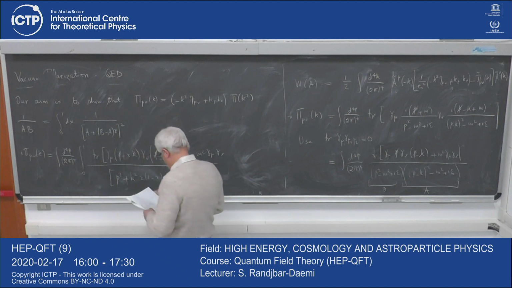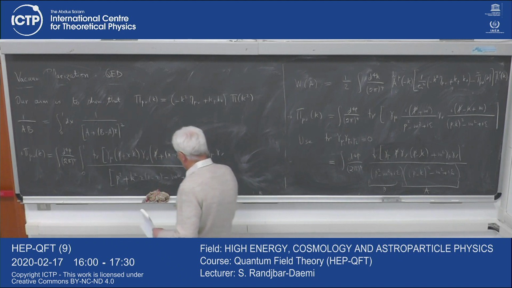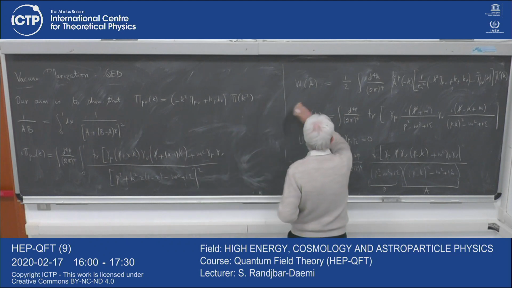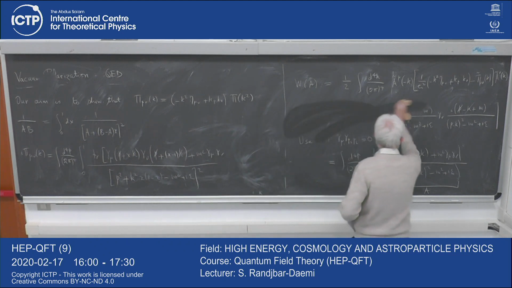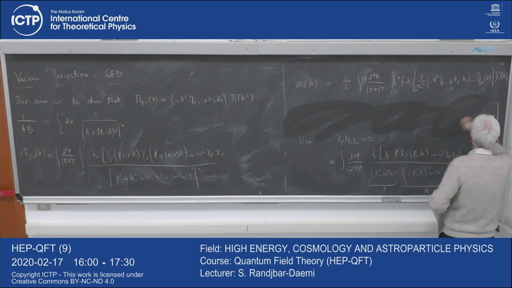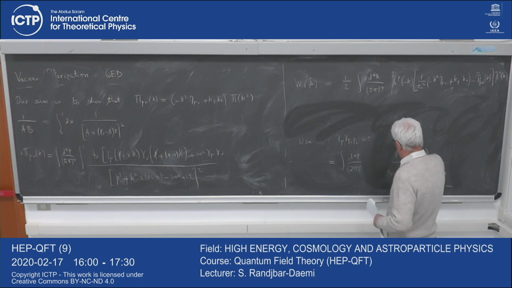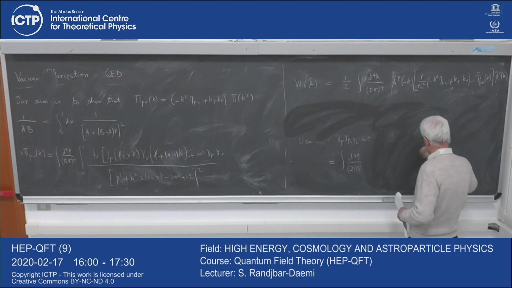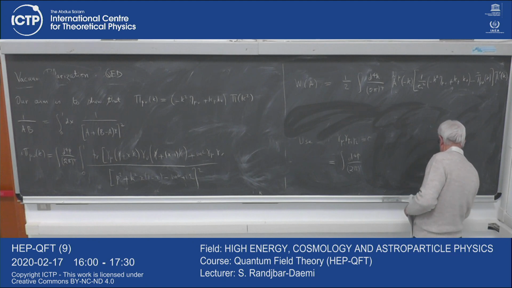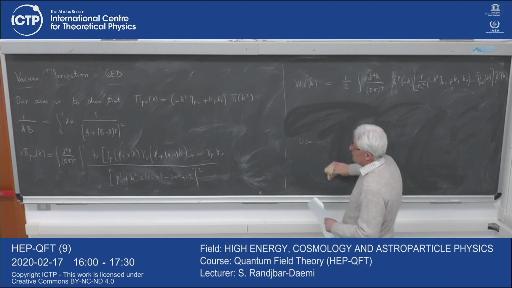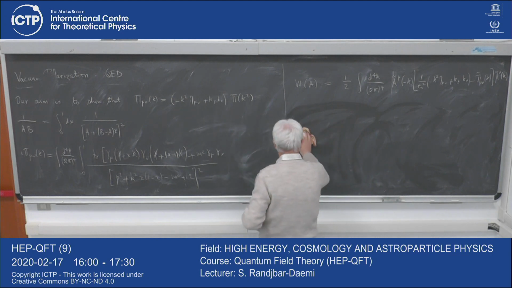Okay. Now, the trace of the gammas can be evaluated. By the way, you can regulate this also using the so-called Pauli-Villars regularization. It will also produce a structure like this.